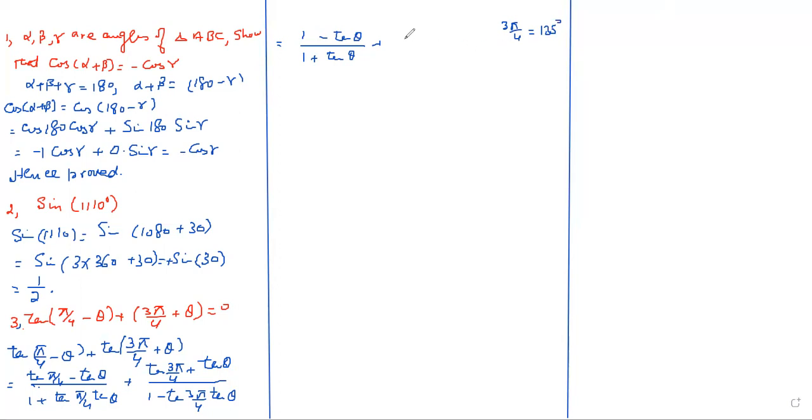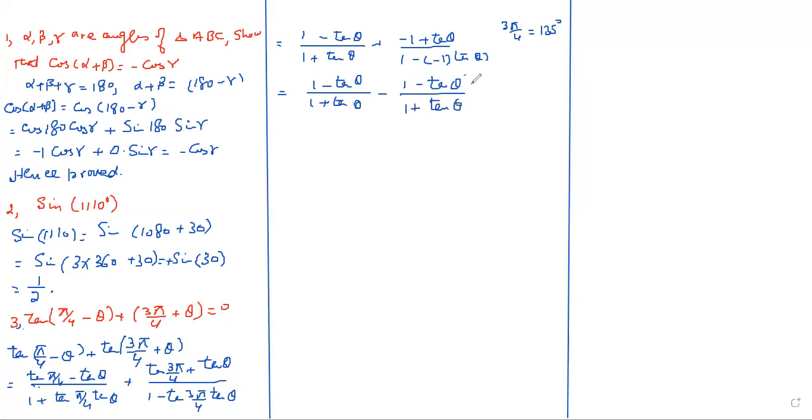So minus 1 plus tangent theta divided by 1 minus minus 1 tangent theta. Taking minus common from the numerator, this one will be plus and this tangent theta will be minus, and on the denominator it is 1 plus tangent theta.